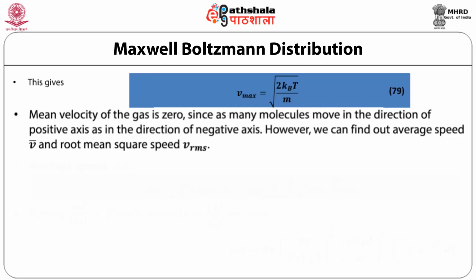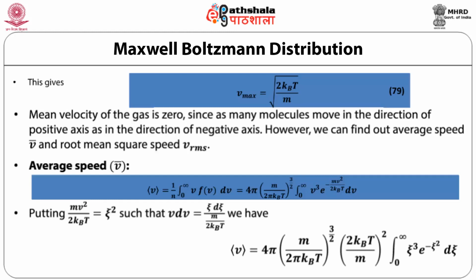Mean velocity of the gas is 0, since as many molecules move in the direction of the positive axis as in the direction of the negative axis. However, we can find out the average speed v̄ and the root mean square speed v_rms.